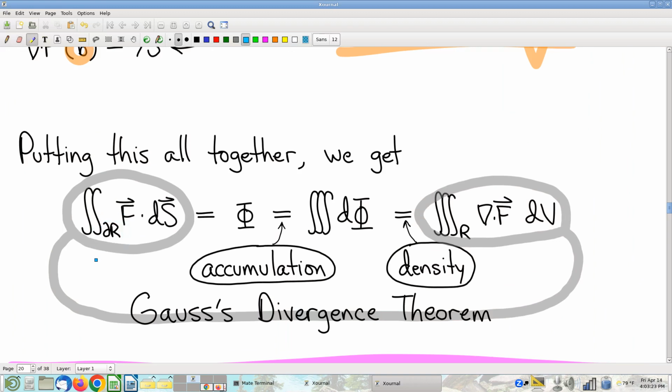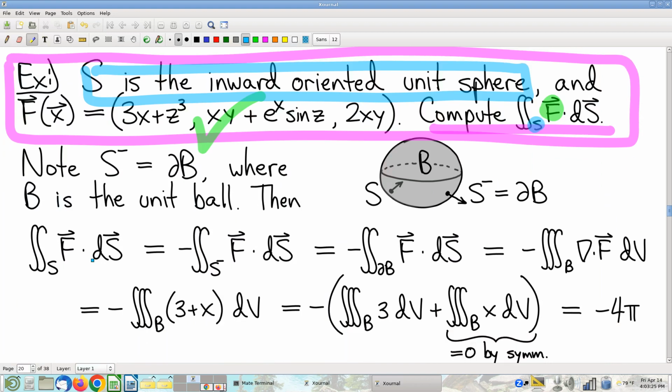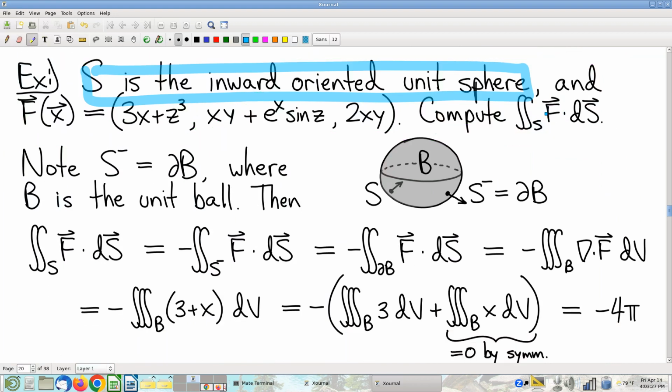Now let's look very carefully at our surface here and ask, is our surface a boundary? Well, let's see here. The inward-oriented unit sphere, here's the unit sphere. Inward-oriented means like that. Is that a boundary? No, it's not. Boundaries are oriented away from the solid. This is oriented into the solid. So we lose. Everybody on board? Everybody see the problem? Big problem. You cannot apply Gauss's divergence theorem as written here.